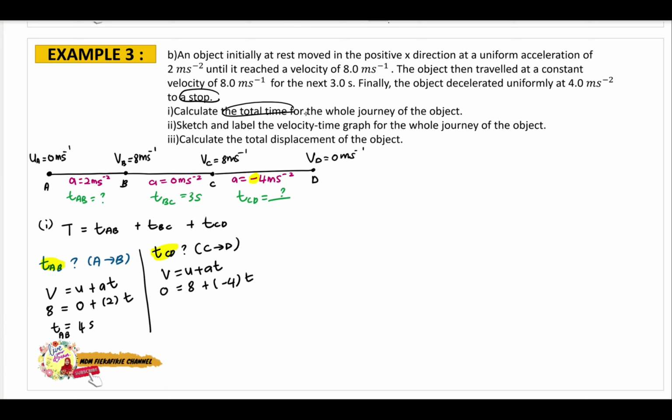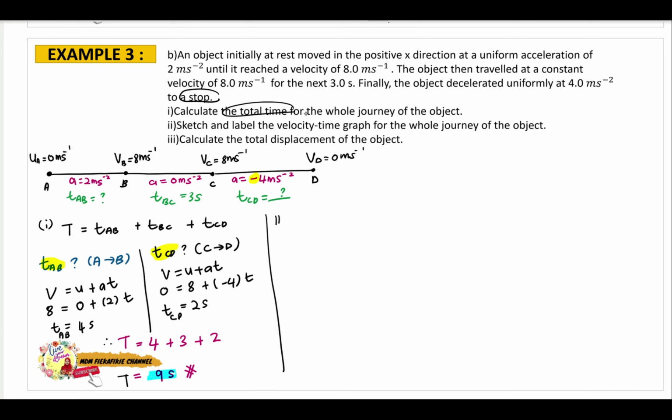T is equal to 2 seconds, and this is TCD. Therefore, the time for the whole journey should be TAB 4 seconds plus TBC 3 seconds plus TCD 2 seconds, and the total answer is equal to 9 seconds. So this is the answer for number 1, the total time T.